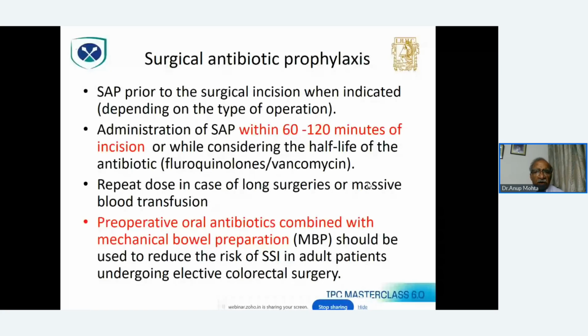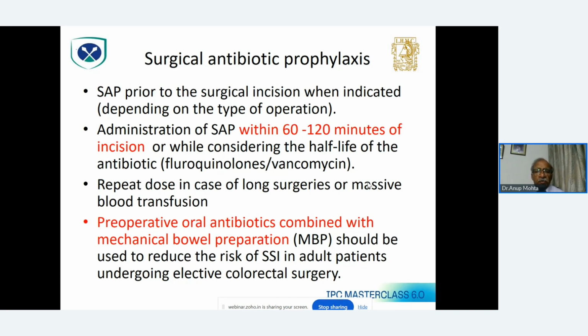Why? Because once there's massive blood loss, all the antibiotic in the circulation will be washed out and replaced by blood which does not have any antibiotics. So we have to repeat the dose of the antibiotic for prophylaxis intraoperatively also.